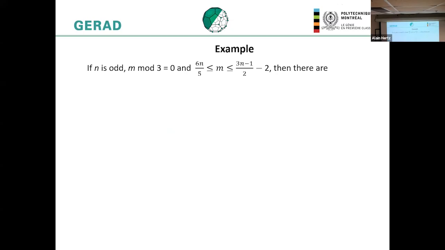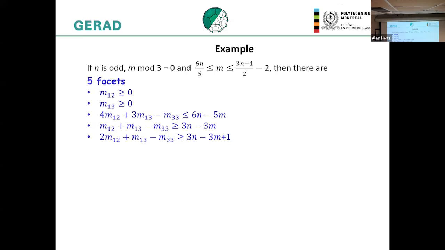So for example, take the same example as before. If n is odd, m is a multiple of 3, and m is not too small and not too big, then you have much less than 10 facets and 16 extreme points. You have 5 facets only. So very easy. M12 should be larger or equal to 0. M13 should be larger or equal to 0. It cannot be negative.